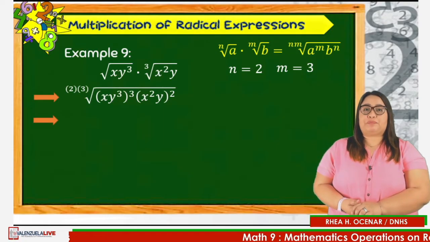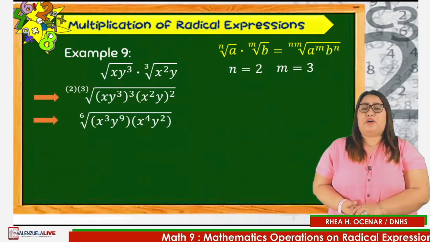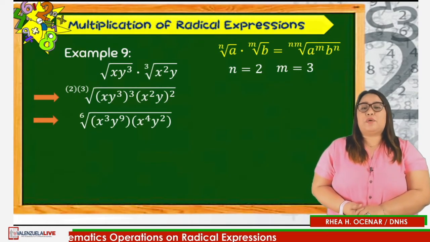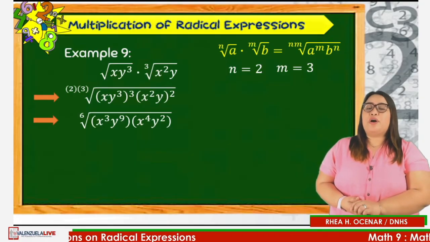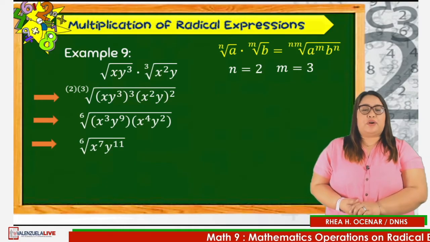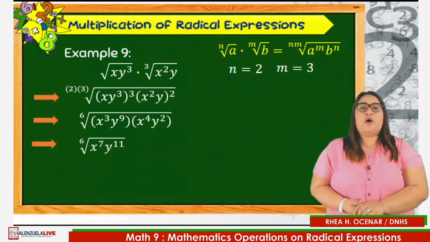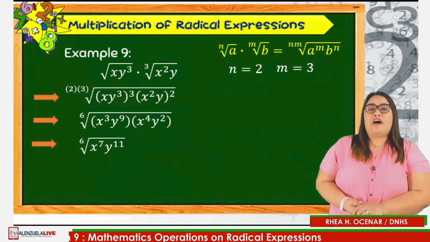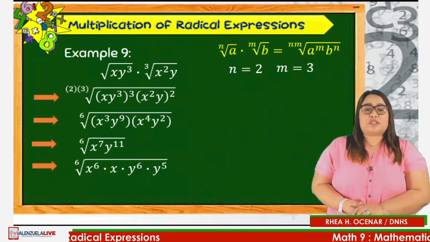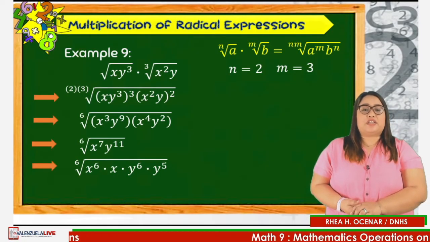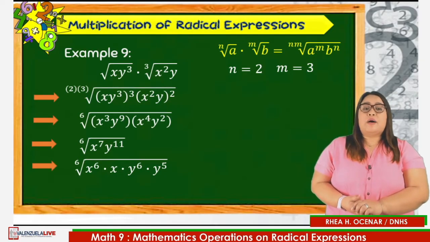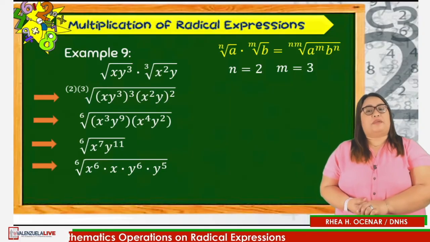Simplifying, we have 6th root of the quantity x cubed y raised to 9 times the quantity of x raised to 4 y squared. Then, 6th root of x raised to 7 y raised to 11. Factor out the radicand, we have 6th root of x raised to 6 times x times y raised to 6 times y raised to 5.